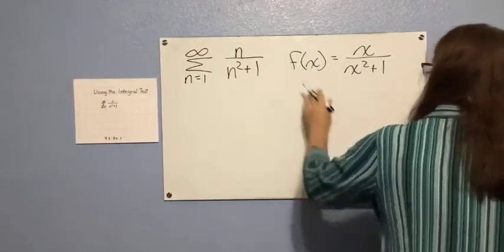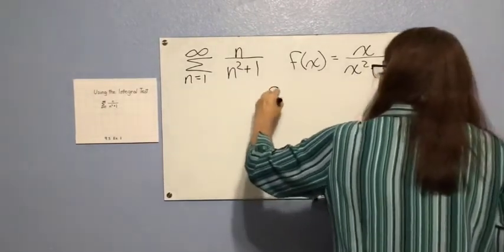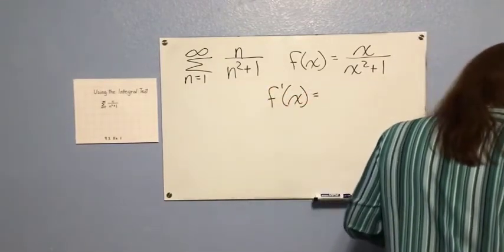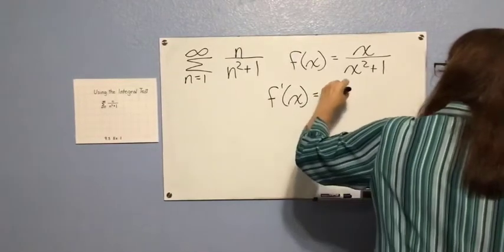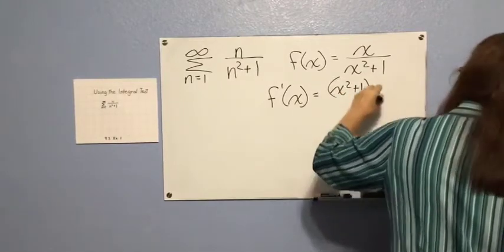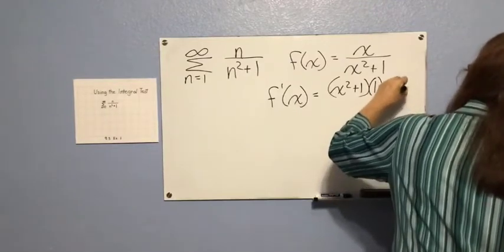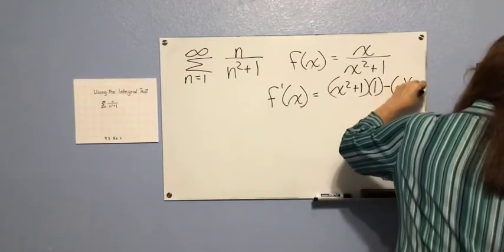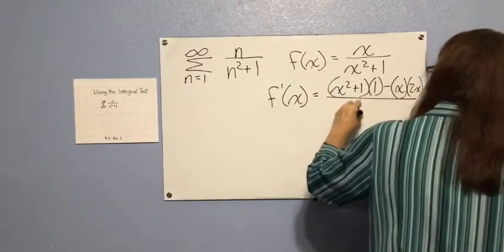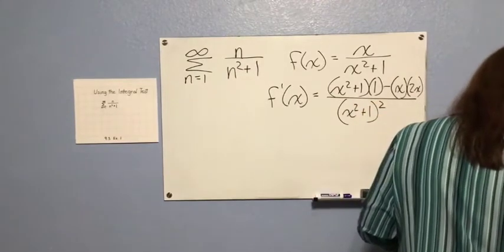Now we have to decide, is this decreasing? So we're going to look at the derivative. F prime of x is equal to x squared plus 1 times 1 minus x times 2x, over x squared plus 1 quantity squared.